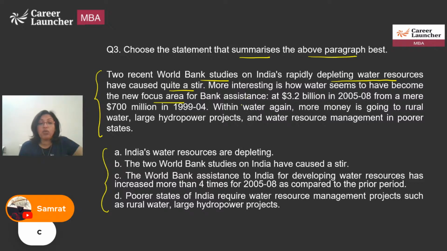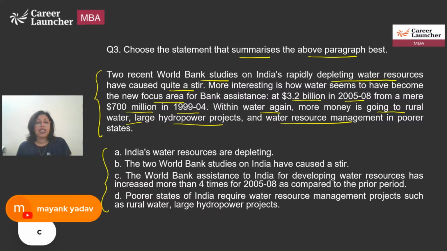So if you want assistance from the bank, you've got to bring up water: 3.2 billion in 2005-06, from a mere 700 million in 1999 to 2004. So water has become important. Within water again, more money is going to rural water, large hydropower projects, and water resource management in poorer states. So we are saying that water is becoming a focus of attention and more attention. All right. So Mayank also says C is the correct answer.